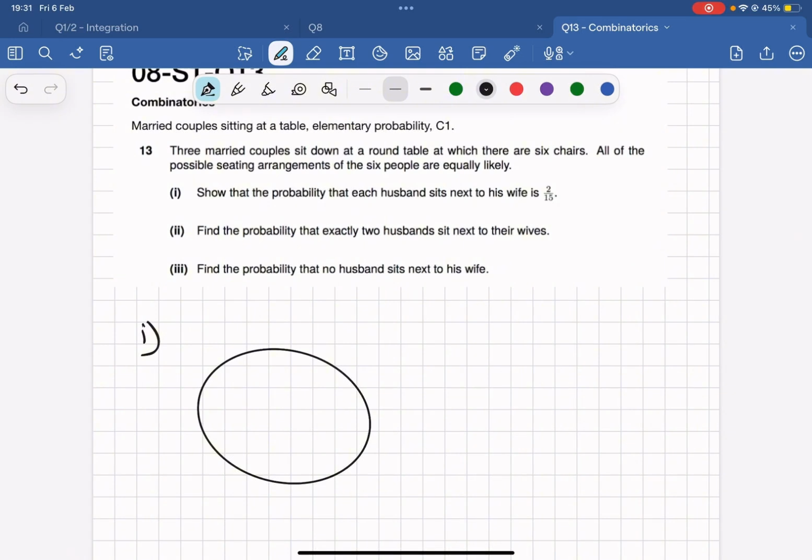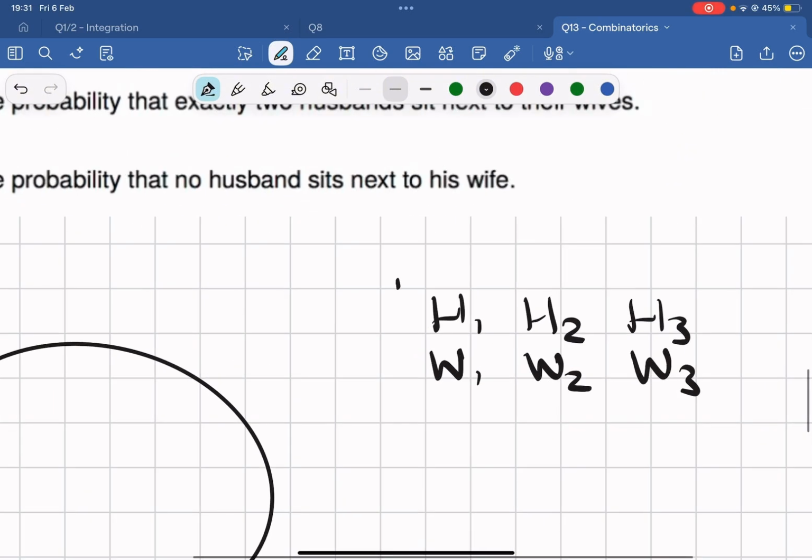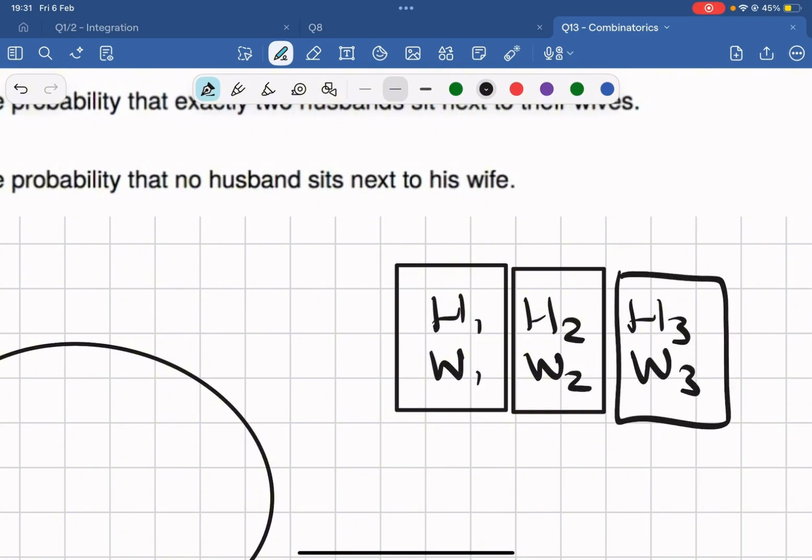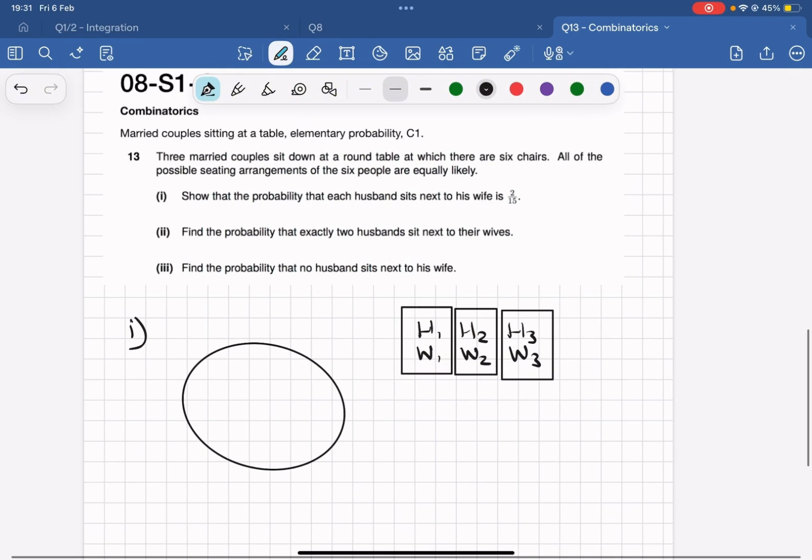So let's call everyone husband 1, husband 2, husband 3, and we've got wife 1, wife 2, wife 3. Obviously husband 1 and wife 1 are a couple, so we can put a box around them. Husband 2 and wife 2 are a couple, and equally husband 3 and wife 3 are a couple.